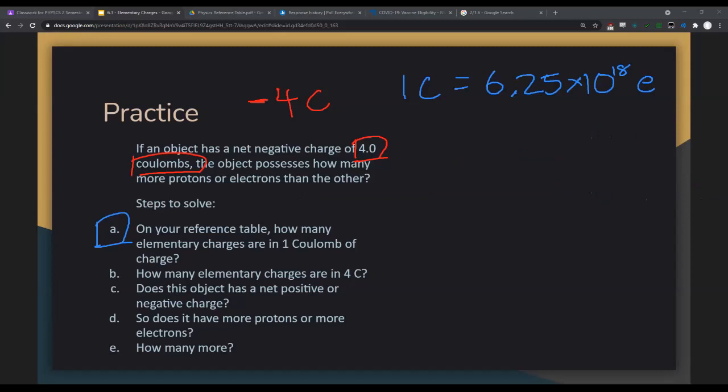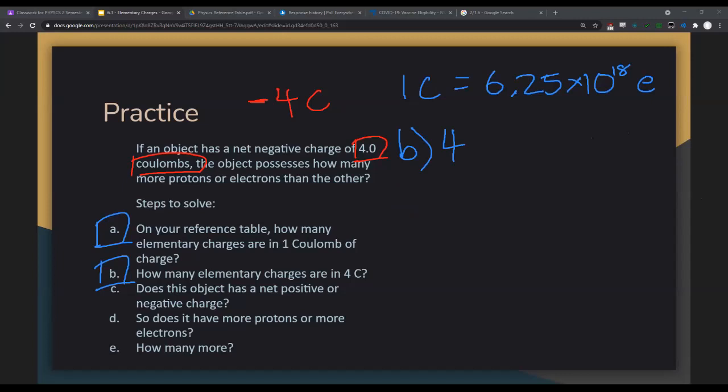So if one coulomb has this many elementary charges, how many elementary charges do we measure? You're talking about electric current. And it's a really low number.